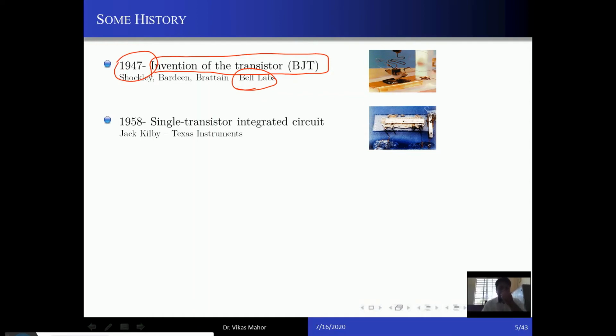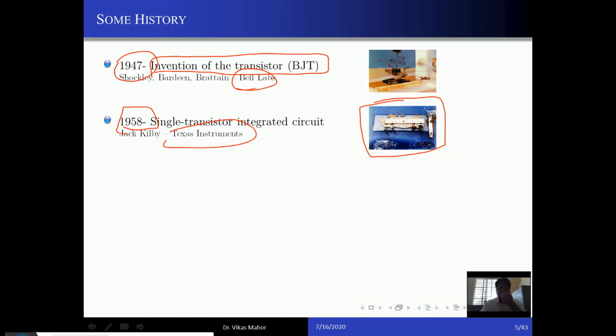Fine. Then, the BJT, you might have seen the BJT. I'm talking about that BJT, not the IC. I'm talking about only the BJT. Fine. Then in 1958, after 10 years, the single transistor integrated circuit was developed by Texas Instruments. What is this? Single transistor integrated circuit. So this is just a single transistor.